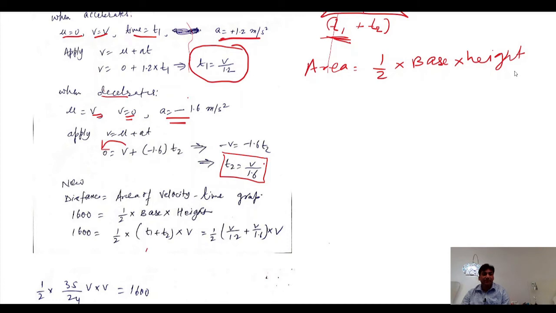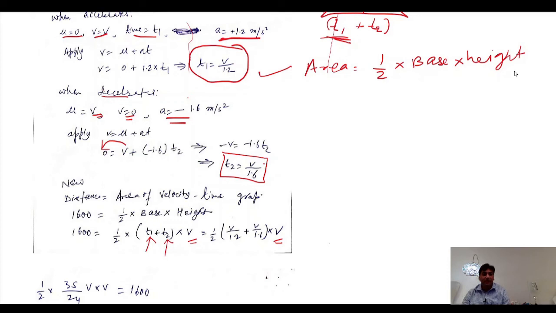Now this is very important. We already got t1, we already got t2. t1 is v over 1.2, so half times v over 1.2 plus t2, t2 is v over 1.6, times v.